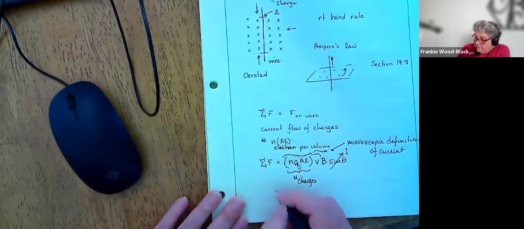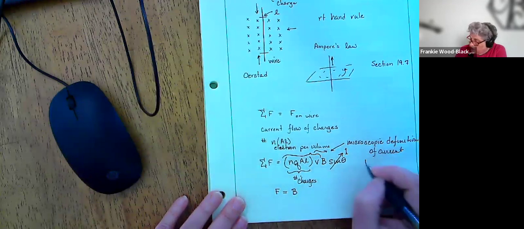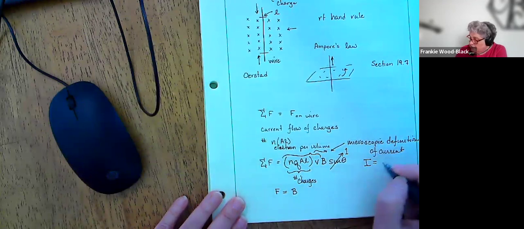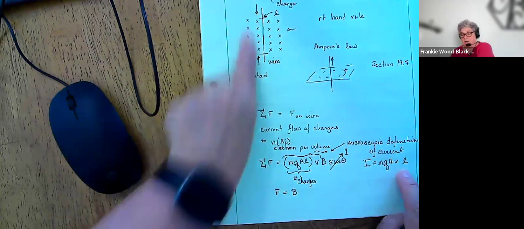So if I'm looking at my force now, if that's the microscopic definition of current, I'm getting the magnetic field. The definition of current, let me do it this way so we get it clear. It's nqAv. That was my definition of current, and this gives me the length of my item.